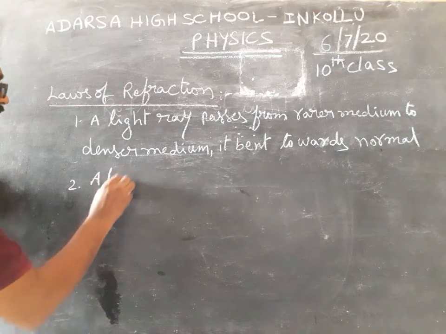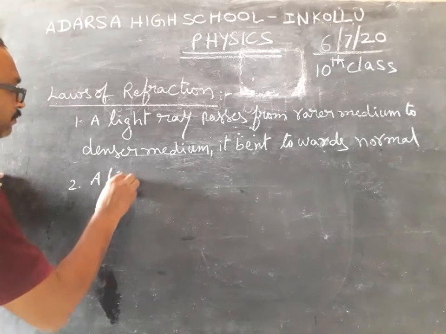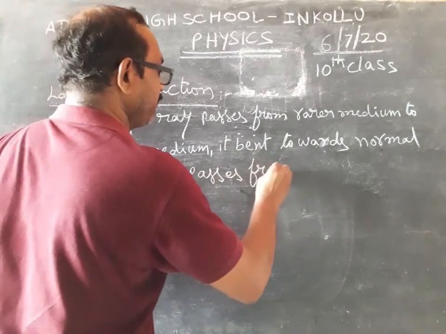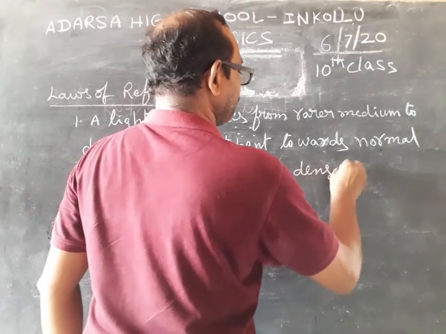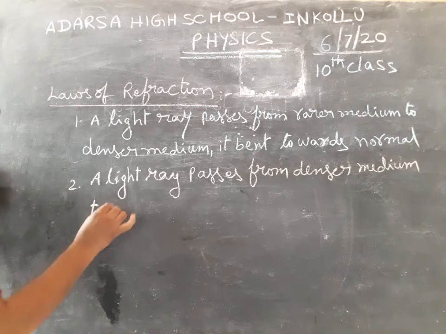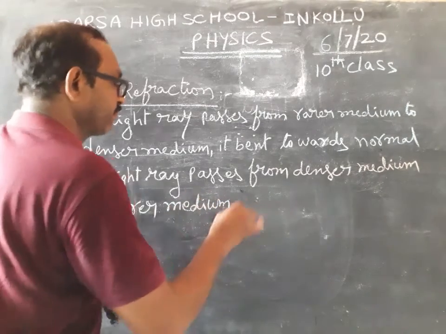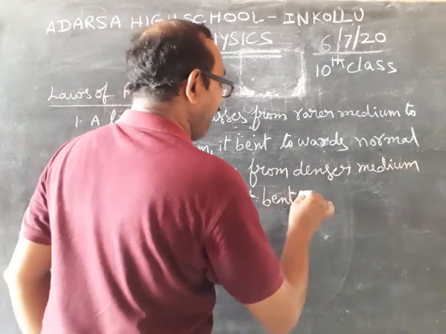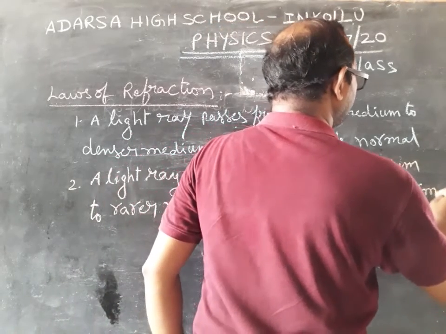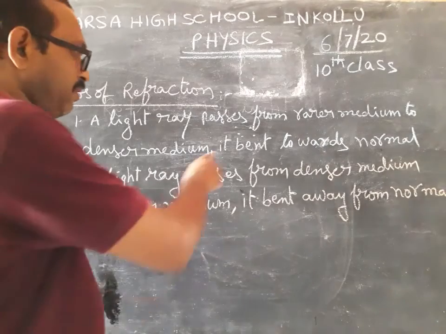Second one: when a light ray passes from a denser medium to a rarer medium, it bent away from the normal. A light ray passes from the rarer medium to denser medium, it bent towards the normal.